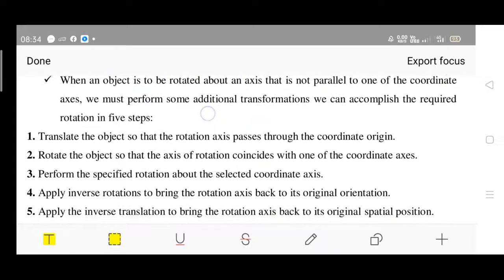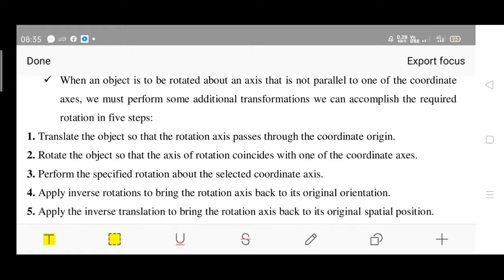Just go through these 5 points. So translate the object so that the rotation axis passes through the coordinate origin. Remember the points or note down the points. Then rotate the object. First is translation, of course. Then rotate the object so that the axis of rotation coincides with one of the coordinate axes. Then perform the specified rotation about the selected coordinate axis.